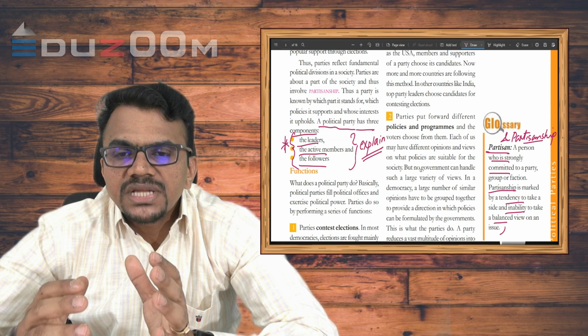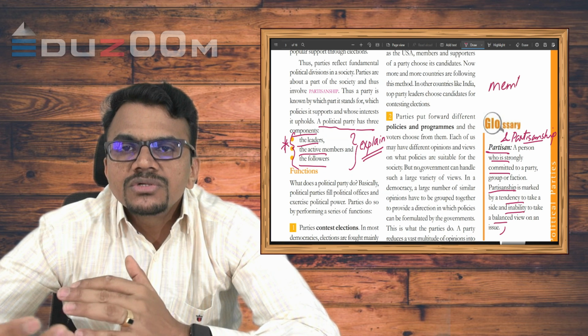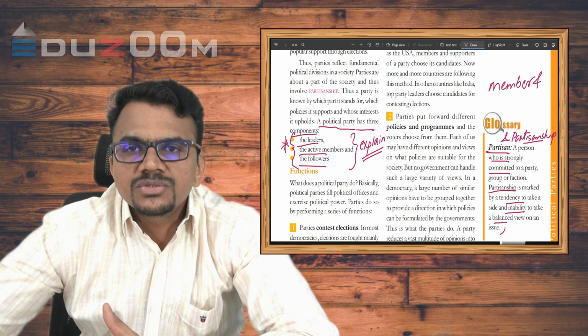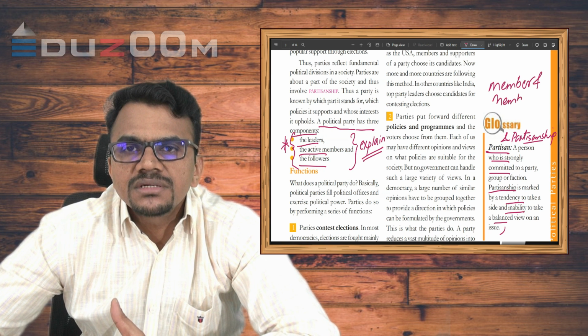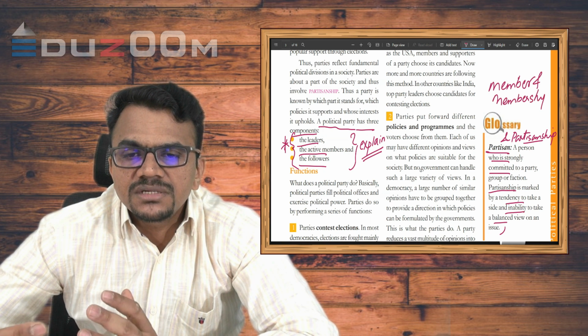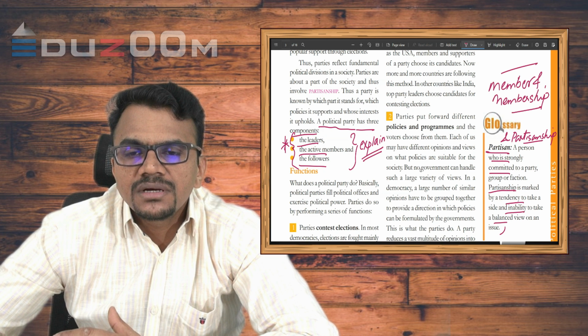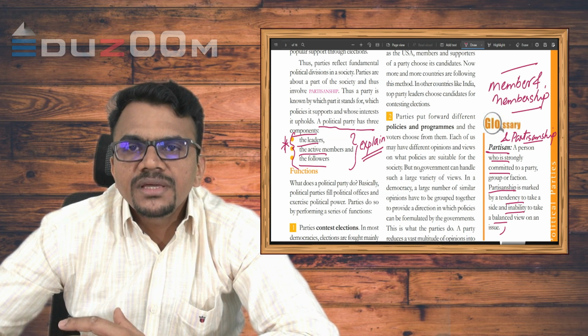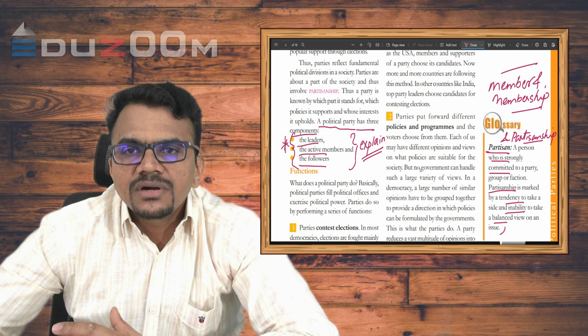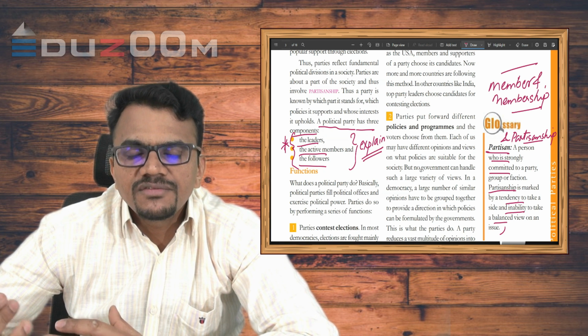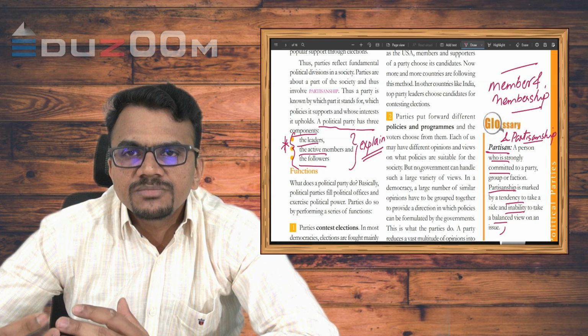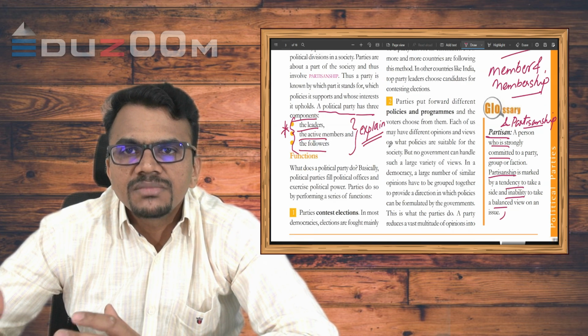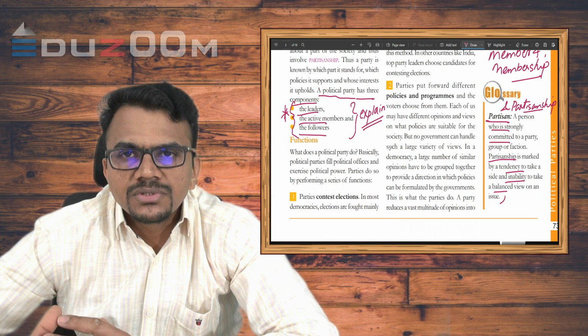A member is a person who is strongly committed to a social group or a social organization, and membership is the affiliation to that organization, or a tendency to be a part of that organization. So that is the difference between partisan and partisanship. Please understand what is meant by those two.